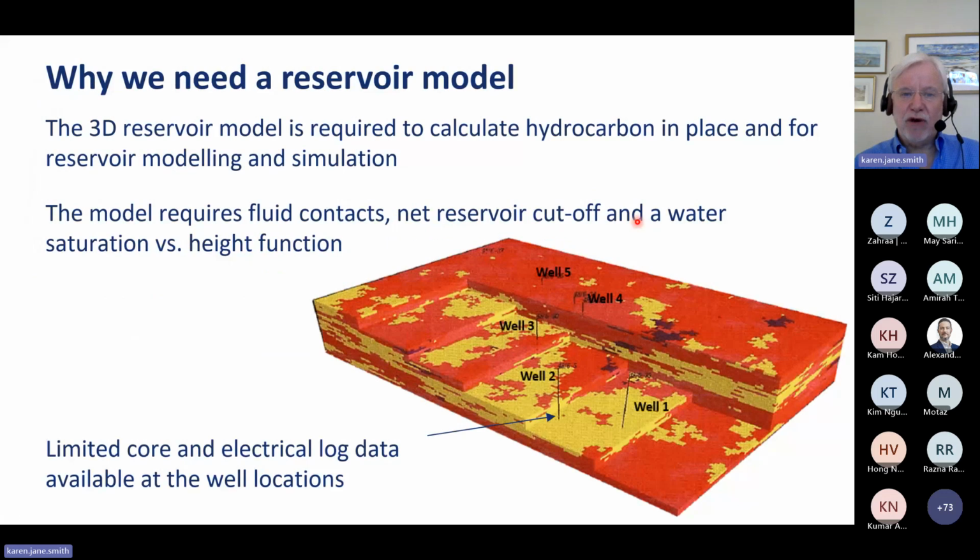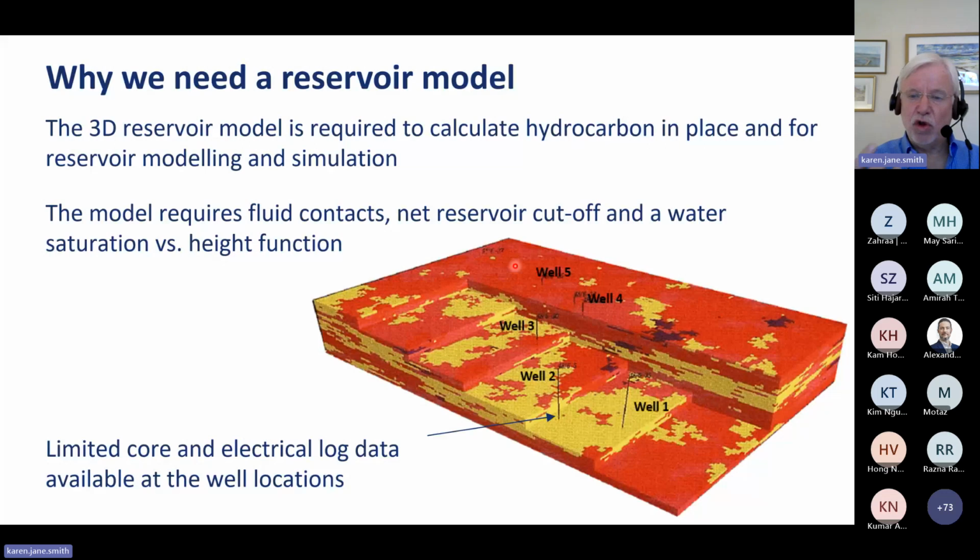So why do we need a reservoir model? I show you a cartoon here of a reservoir model. It's like a Lego model with different cells, the red and the yellow. These different colors could represent different zones or different lithophases or different porosities.